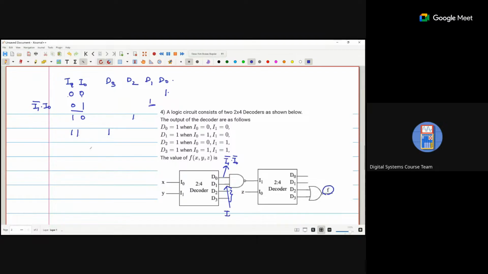And what we are getting here is I1 bar, I naught bar multiplied with I1 bar, I naught, whole. So this is one particular input, and this is my second input.